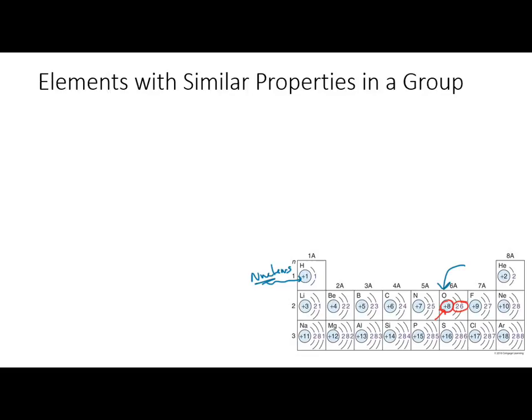They show how those 8 electrons around that oxygen atom are hanging out. 2 of them are at energy level 1 and 6 electrons are at energy level 2.